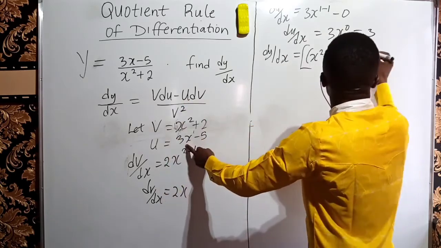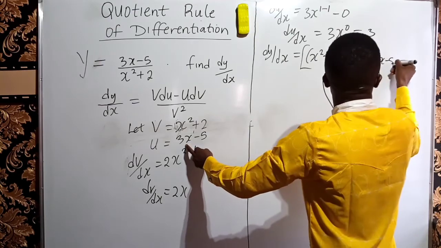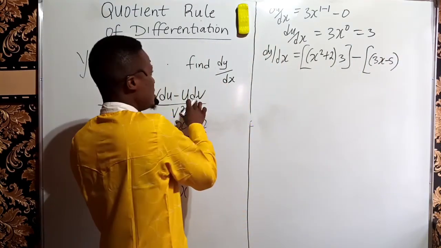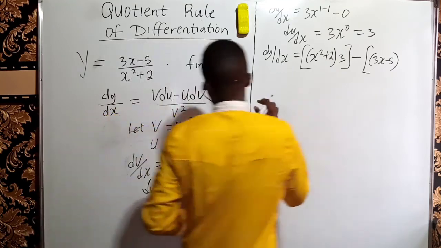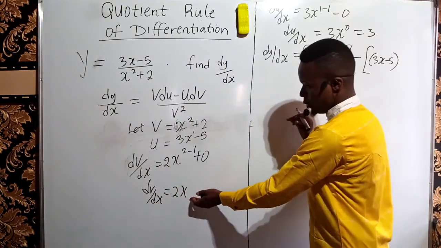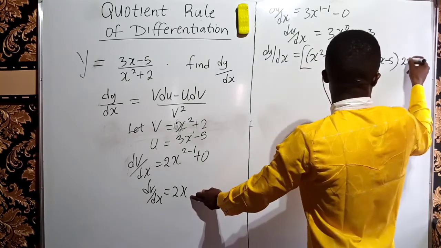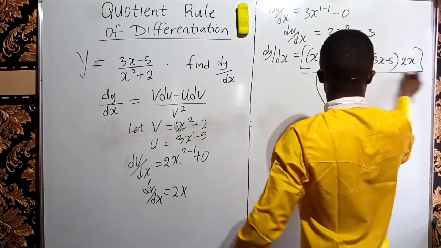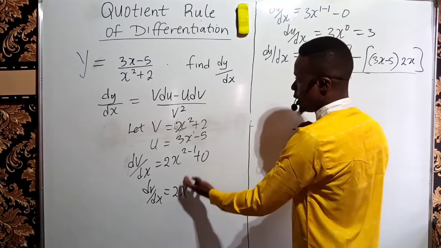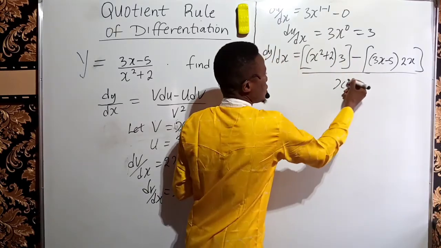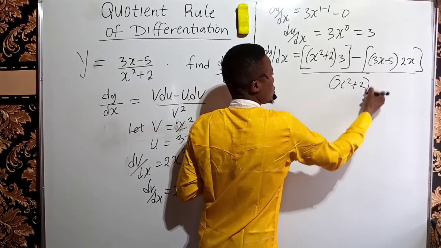For my u, I'll plug in 3x minus 5, then multiplying dv. My dv is 2x. So I'll put 2x here, all over v squared. v is x squared plus 2, so you have x squared plus 2 all squared.